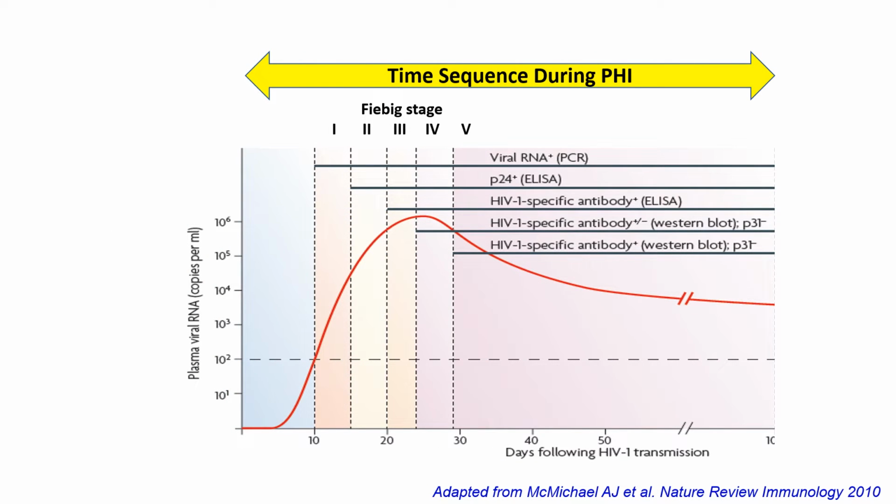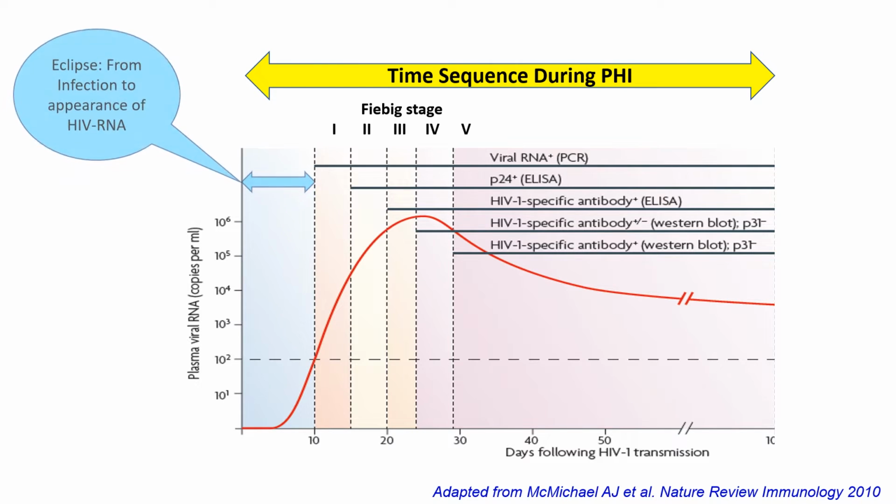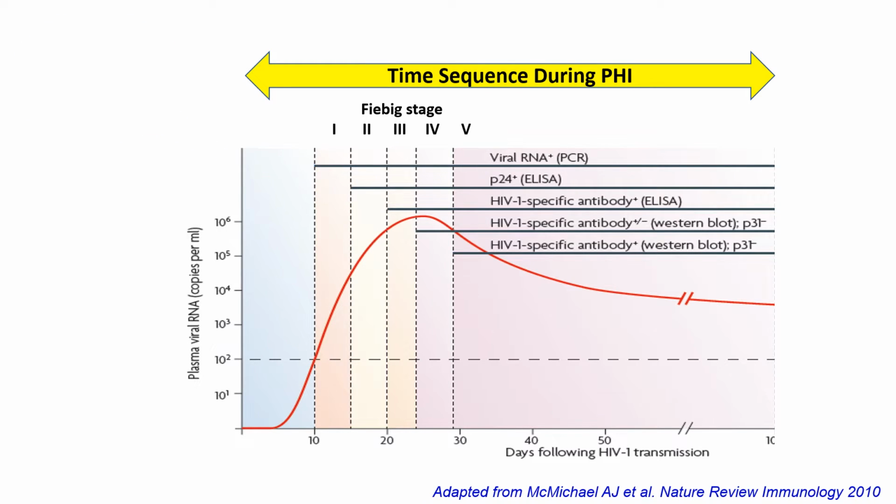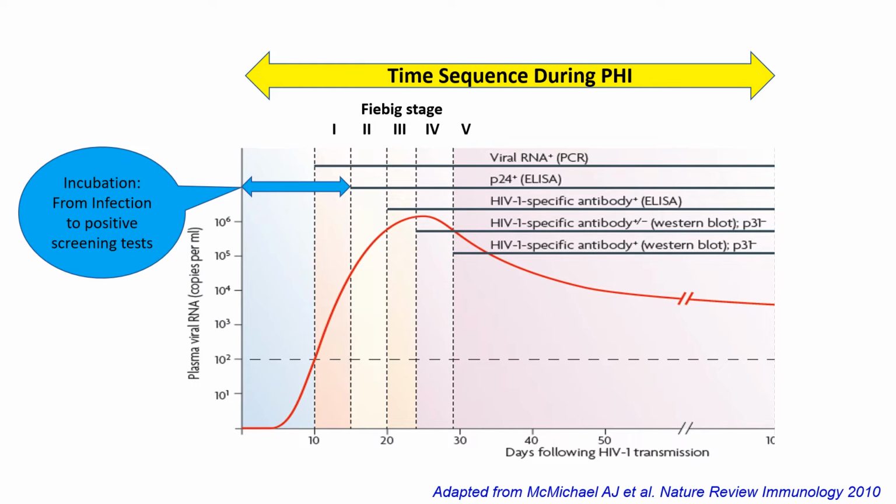In the medical literature, one can find different definitions of a so-called window or incubation period. From infection to detectable HIV RNA in the plasma: eclipse. From infection to positive screening tests. Incubation period, the traditional definition: the time elapsed between infection and the appearance of symptoms.